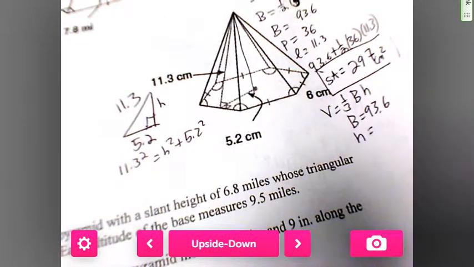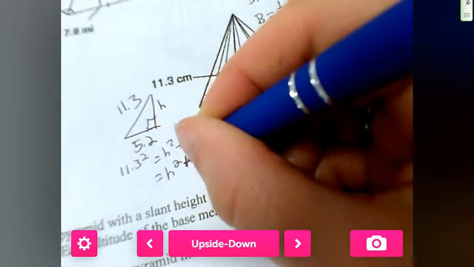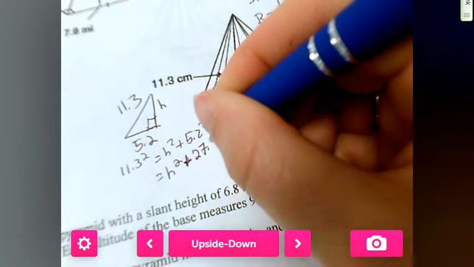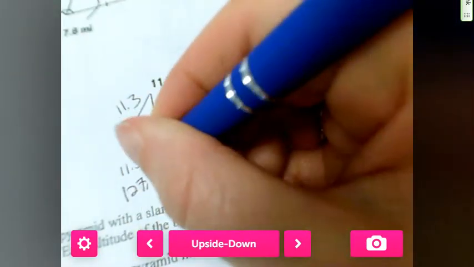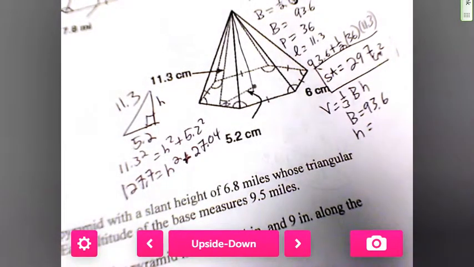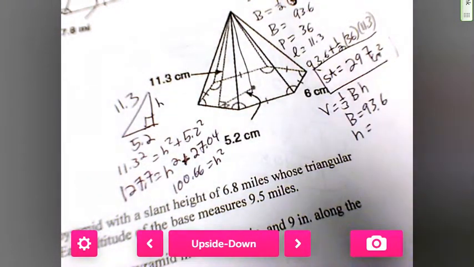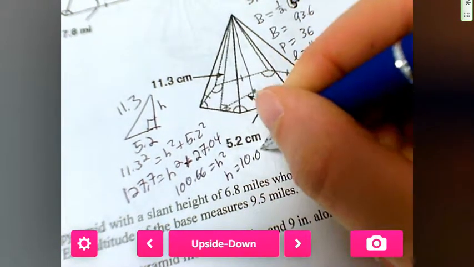What's 5.2 squared? 27.04. 11.3 squared is 127.7. So 127.7 minus 27.04 gives us 100.66 equals h squared. We take the square root of that answer, and we get h equals 10.03.